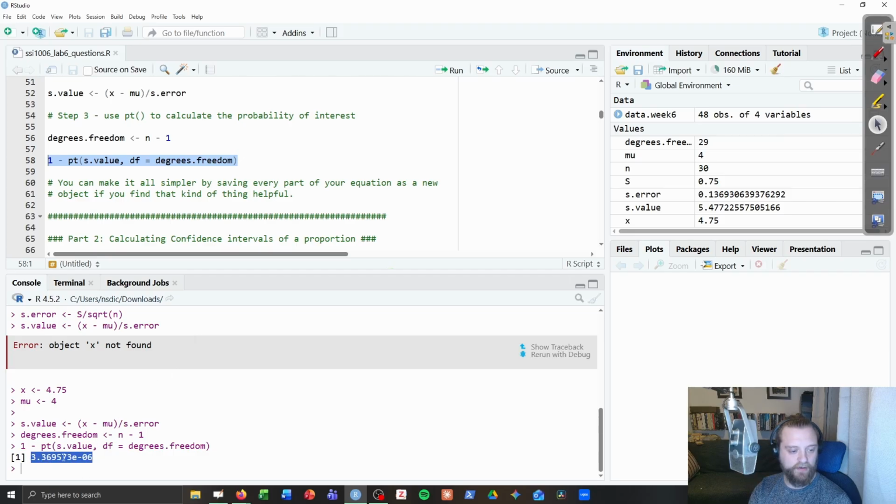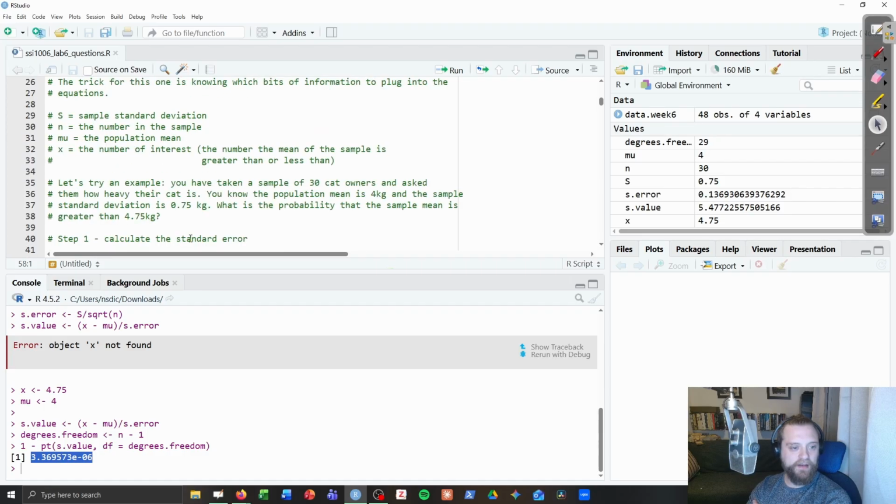So this is the figure we got. Now whenever we see this on the end, e minus some number of figures, this is because this is 3.3 to the minus 6 power. So this number is almost equivalent to 0.